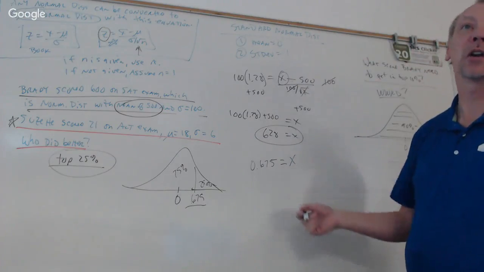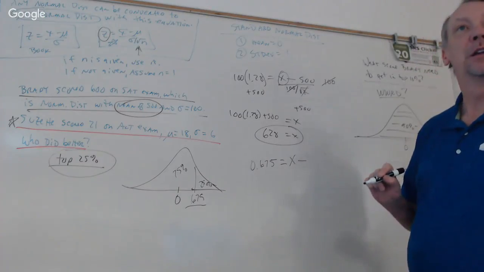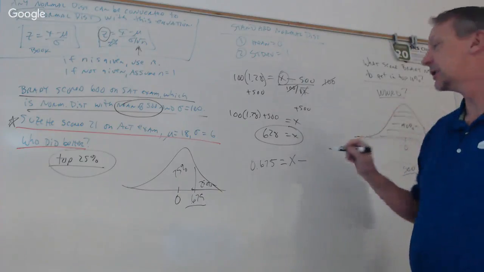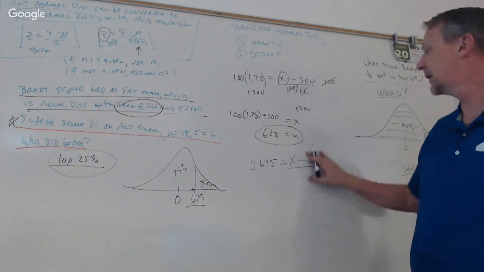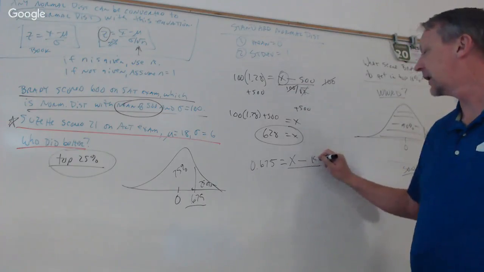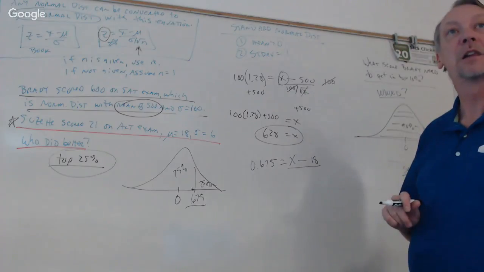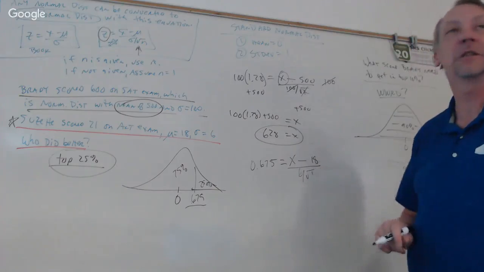That's the score we're looking for. Minus the ACT mean, which is 18, sorry, divided by 6 over the square root of 1, because there's only one Suzette.